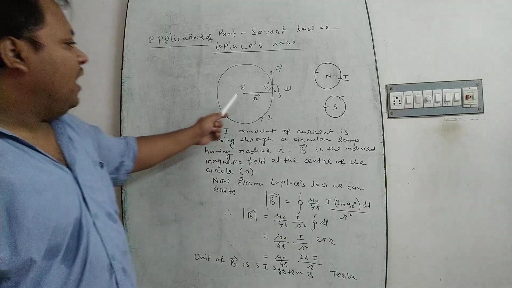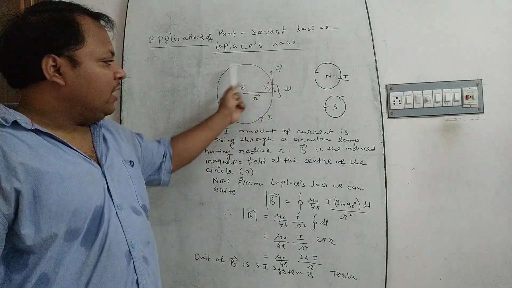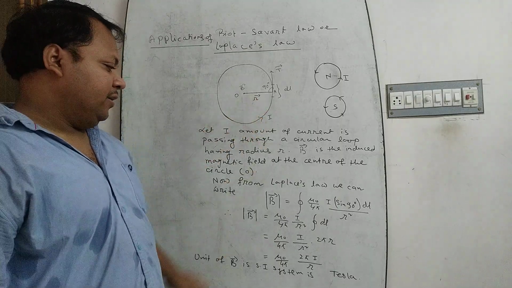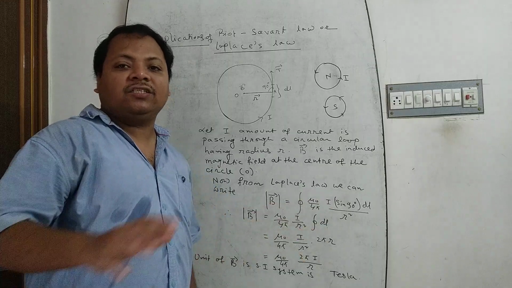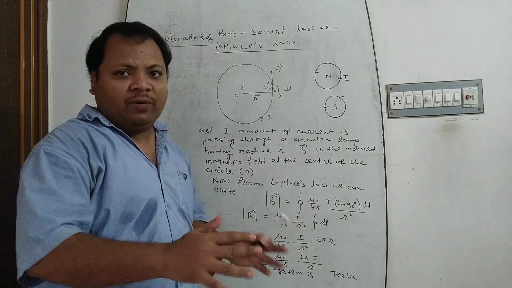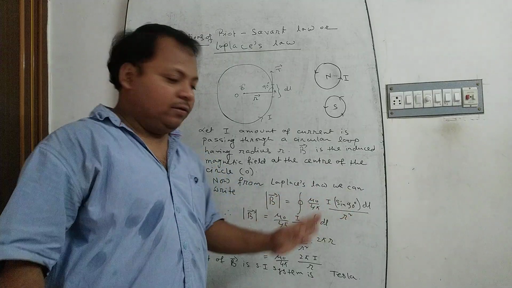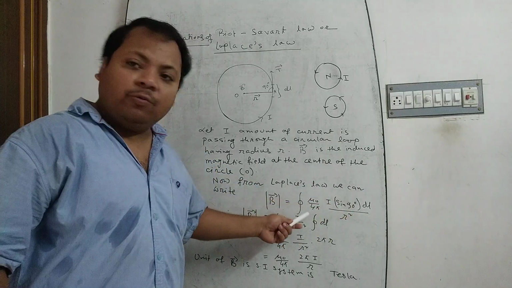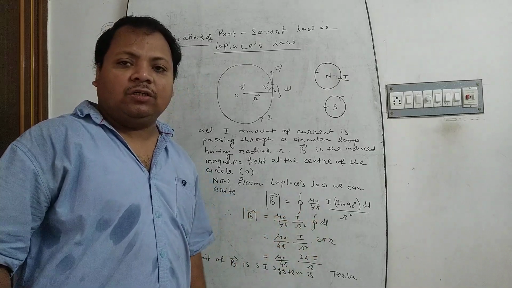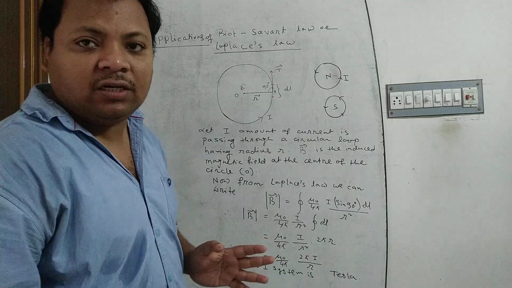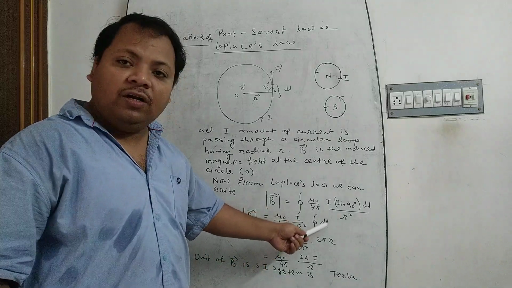Since the angle between r and the tangent of the circle at the point A is 90 degree, we can write sin 90 degree in the place of sin theta. Here mu 0 by 4 pi is constant, I is constant and r is constant. You know that the radius of the circle is constant. That's why we can integrate only dl.